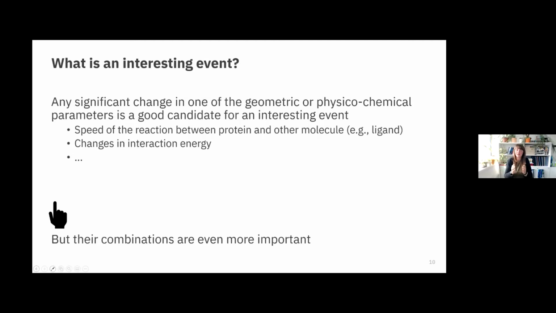And at the end, we can have, again, hundreds of possible interesting events there, which is not meaningful. So for the biochemists, it's really interesting how to combine these parameters together, how they are influencing each other within the simulation, and how we can really correctly specify what's an interesting event with respect to all these parameters, let's say.